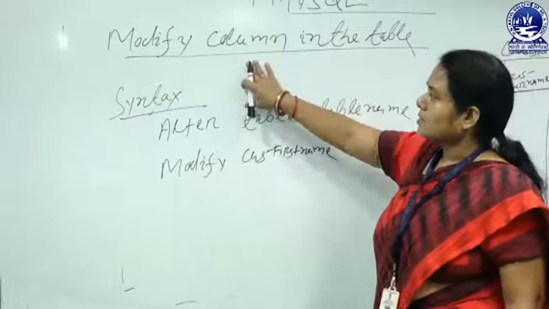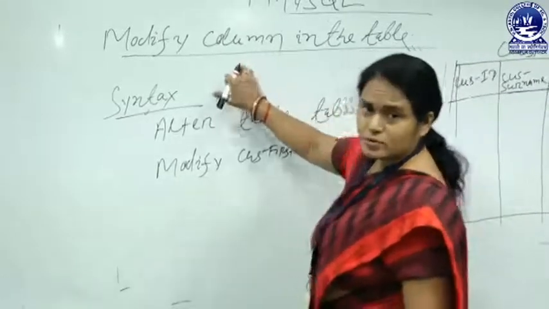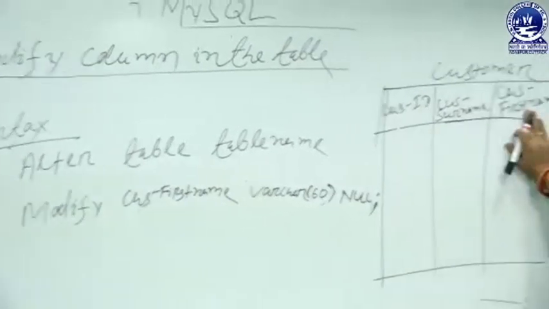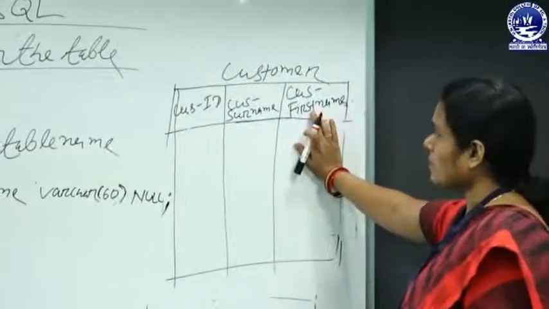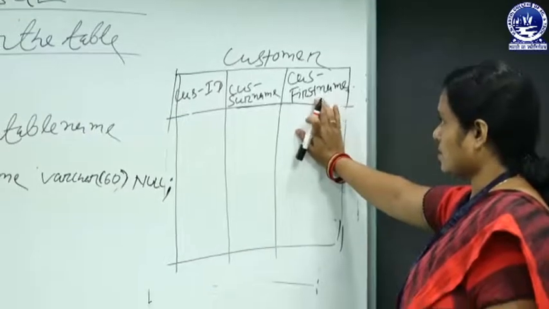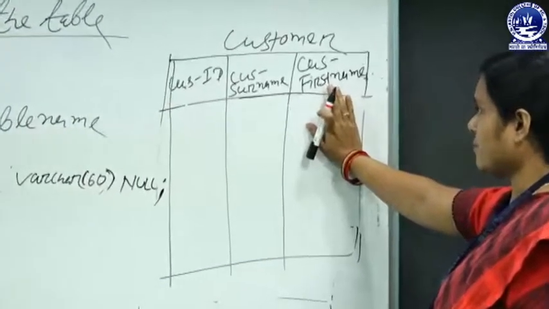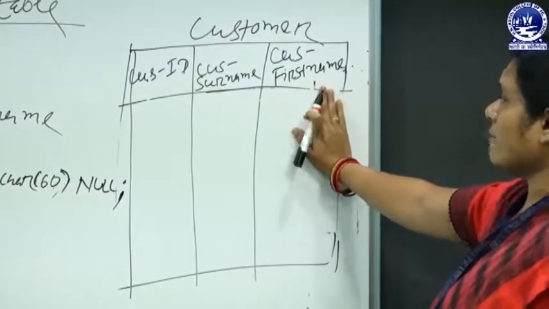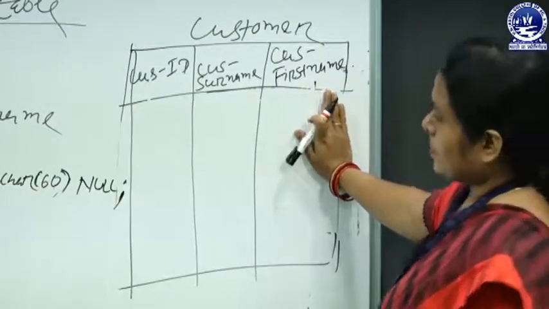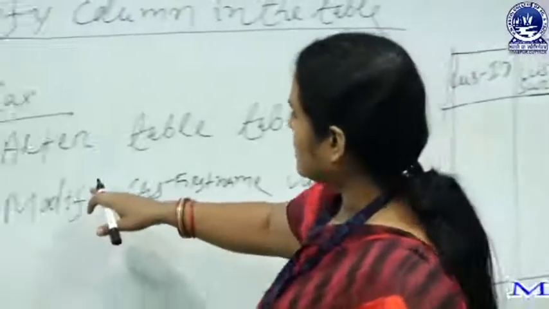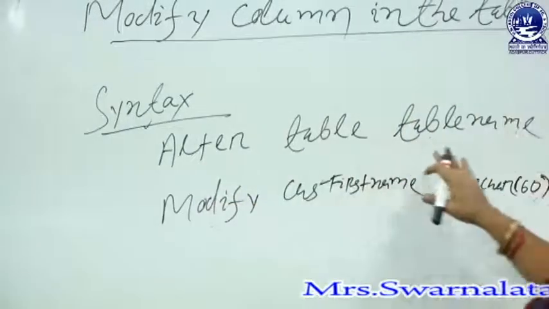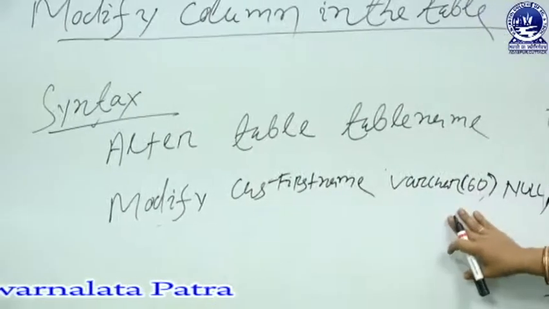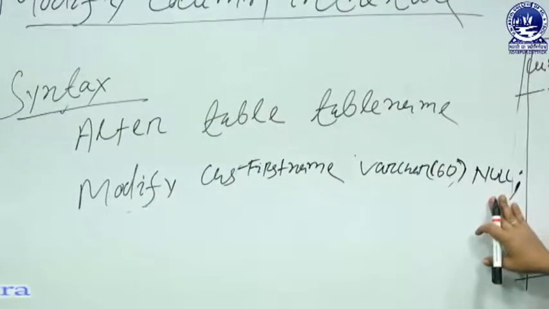Let us start next with modify column in the table. Why is this command used? It helps to modify the column size of the table. If you want to modify the column size of the field customer first name, then I have to write the syntax: alter table name, modify customer first name varchar 60 null.